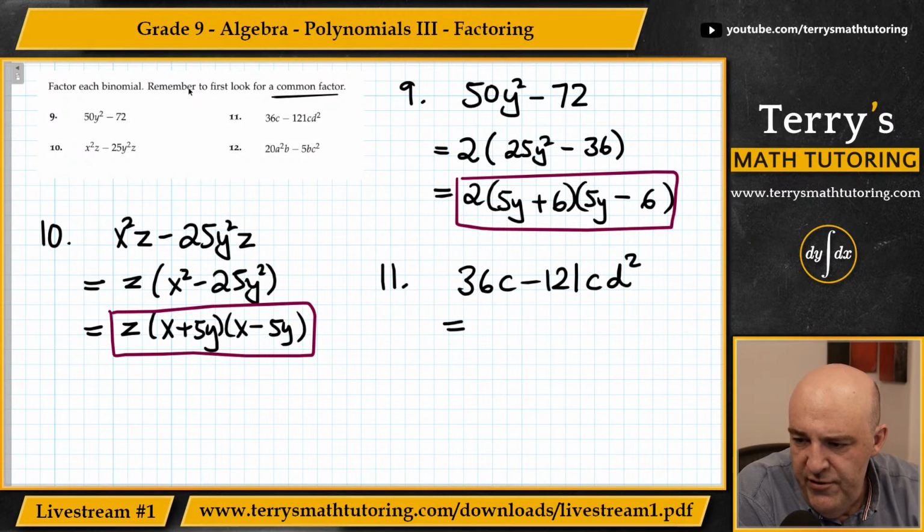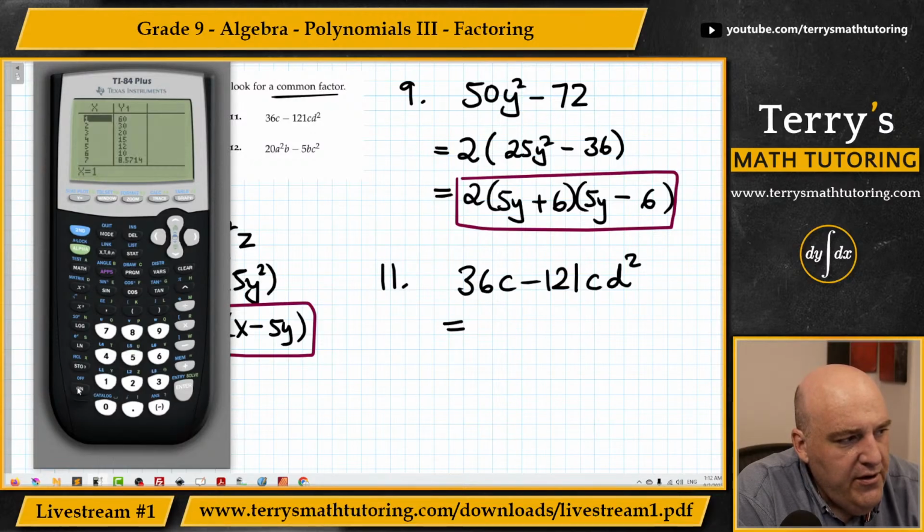I'll just show you a little something here. On the calculator here, if you go to math, and then you go to num, and you go down to GCD right here. Oops, I pressed something weird there. Let me try that again. Go to num, go to GCD, press enter. Oh, what's going on?